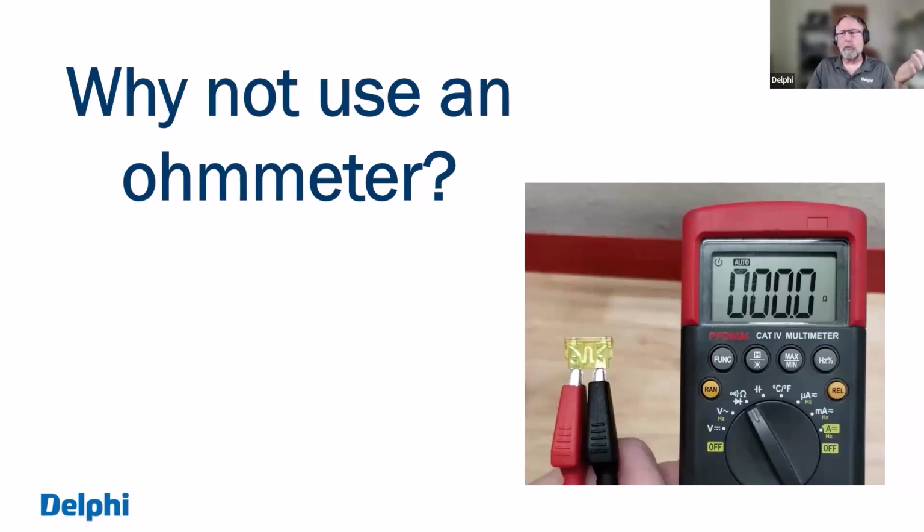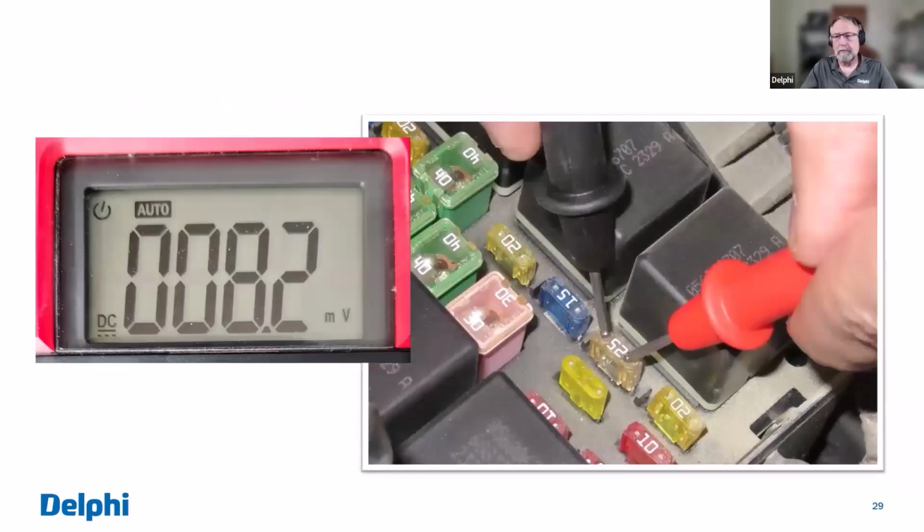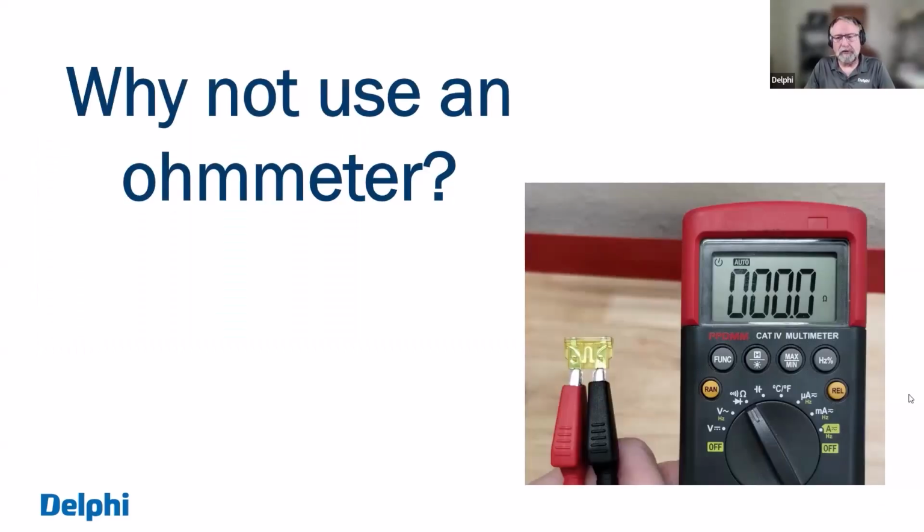So if an ohm meter isn't going to work because it doesn't have the resolution, what's a more practical way of determining where the resistance of the circuit is? All right, here you go. Voltage drop across the fuse would be a great example of how this works. If we take the same fuse, this meter said 0.0 ohms, and we say to ourselves, well, that has no resistance.